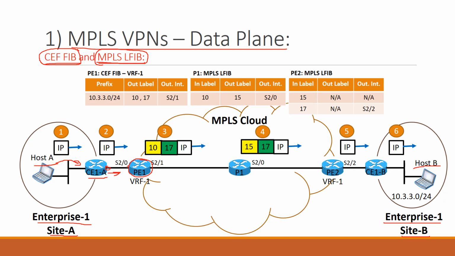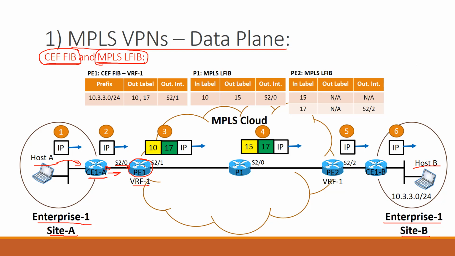Provider edge 1 actually has serial 2/0 connected to the customer edge, and it is attached to VRF1. But let's think about how provider edge 1 will react. It received an unlabeled packet. Which table should it check?